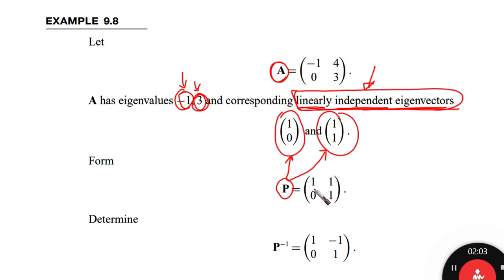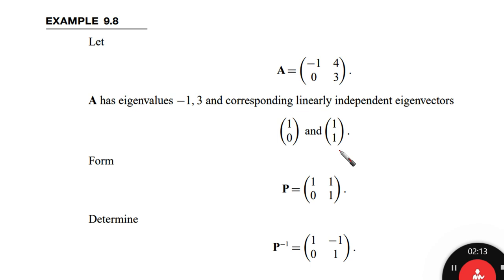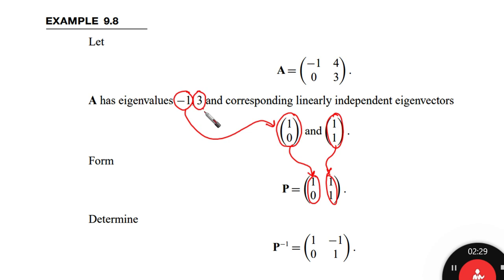So we're going to put them as columns here, (1, 0) and (1, 1), in the same sequence. So it is 1 0 here, and 1 1 here. Why? Because this -1 is associated with this eigenvector, and this 3 is associated with this eigenvector. So take care of the sequence of the eigenvectors and the corresponding eigenvalues.